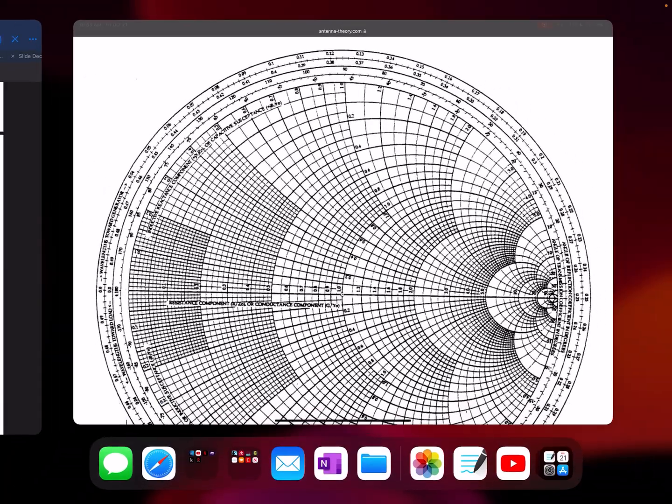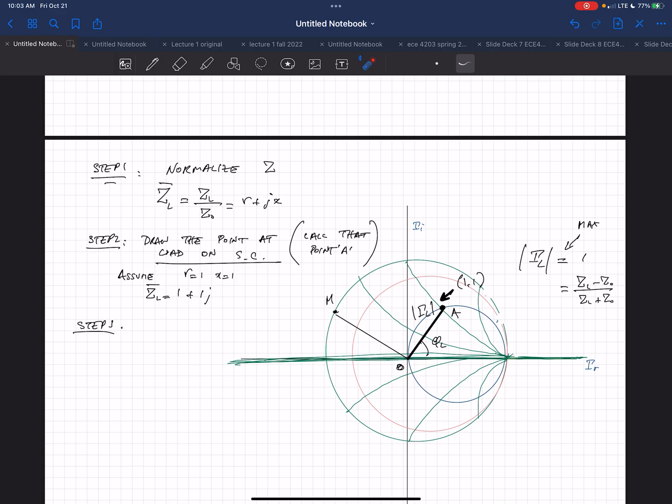Let me show you what I mean by that. So gamma sub L is just going to be the physical length of OA, which is this line. So basically the ratio between this line and the line from the origin to the end of the circle, over OM.